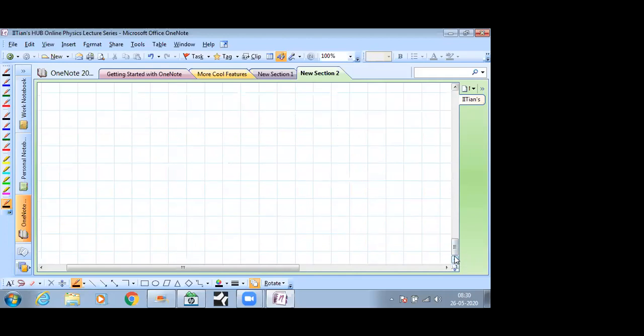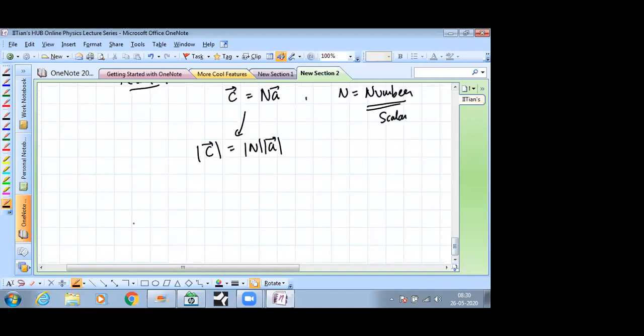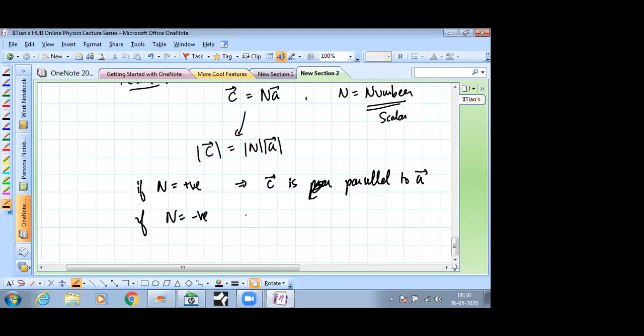And if n is positive, then C is parallel to A. If n is negative, then C becomes opposite or anti-parallel.